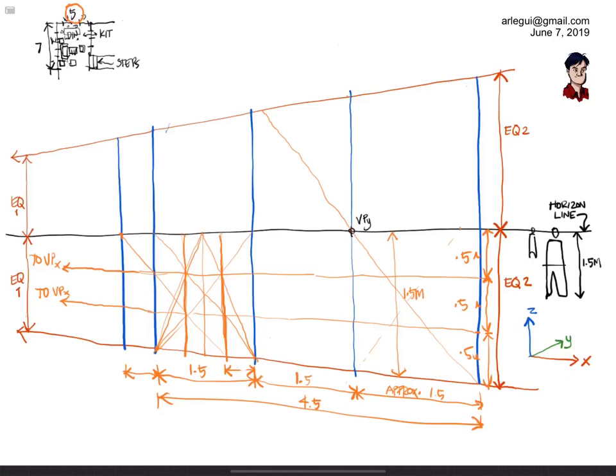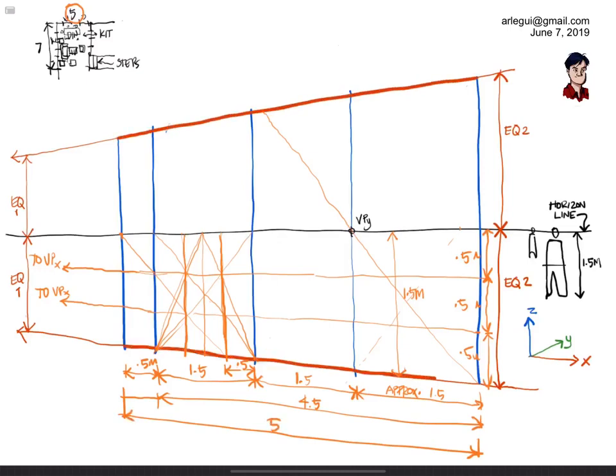So I'm extending that by doing that diagonal line again. I needed that 0.5 more, so that's 5 meters. Here I'm indicating the bolder red lines where that is.